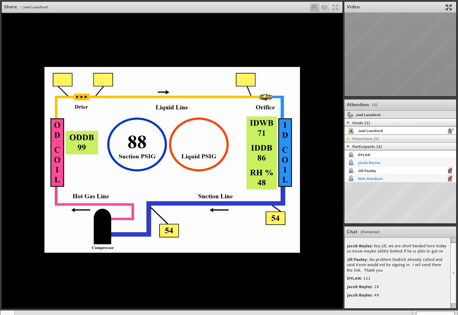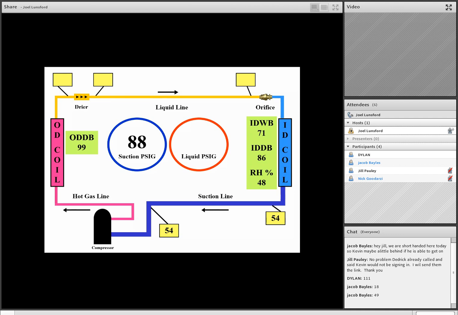We have an indoor dry bulb of 86 degrees and a relative humidity of 48%. So looking at your superheat chart, team, remember, if our relative humidity is below 70 or above 20, we use the dry bulb line. In this example, we have a relative humidity of 48%. That gives us the blue dry bulb line.